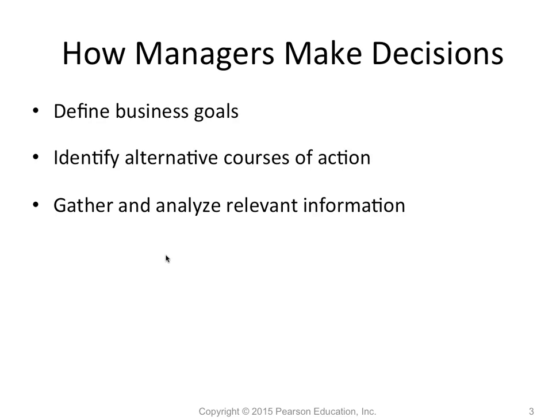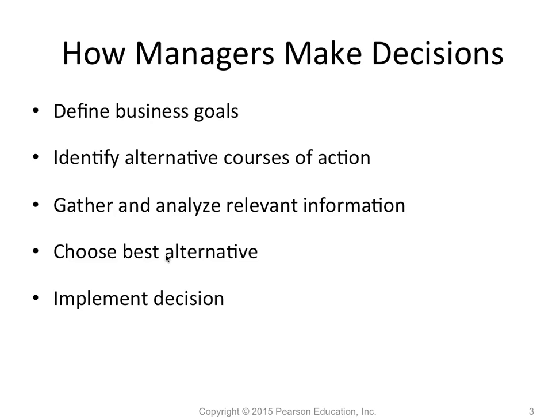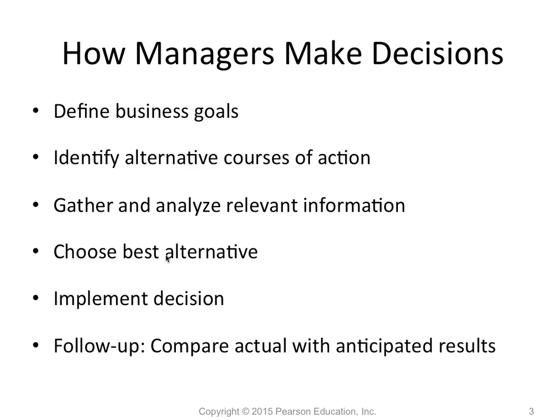So how do managers make decisions? There are several things we are going to take a look at. First is to see what business goals we have, and then identify what alternatives we have. We're going to see some examples, and then we're going to gather and analyze the relevant information.